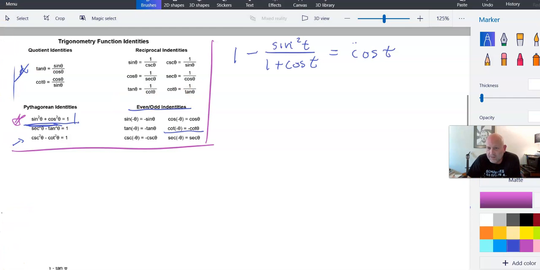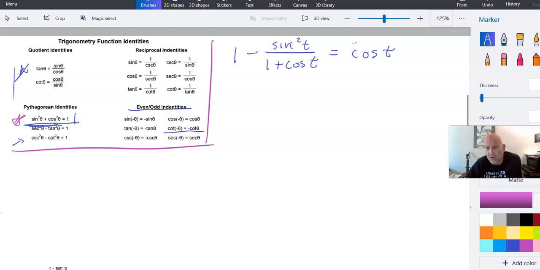Okay, so let's see how you did on it. This was a pretty good one, so it might have taken some poking around to get through it. I'll try to walk through my thoughts as I solved this. The first thing I'm thinking is that this right-hand side is a single term, and I have two terms over here. So perhaps if I combine these into a single fraction, things will reduce so that I can get a single term.